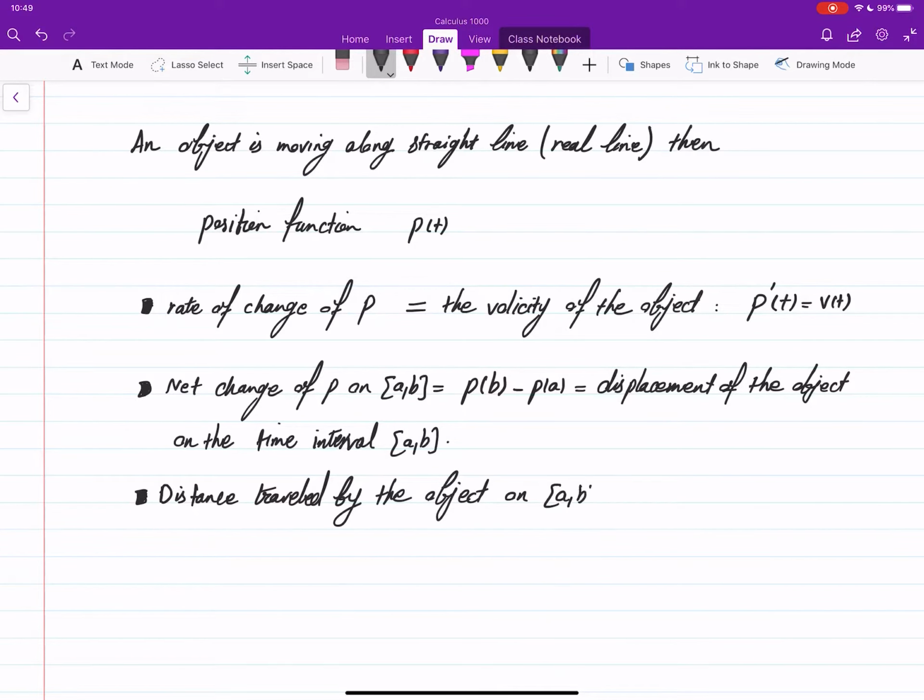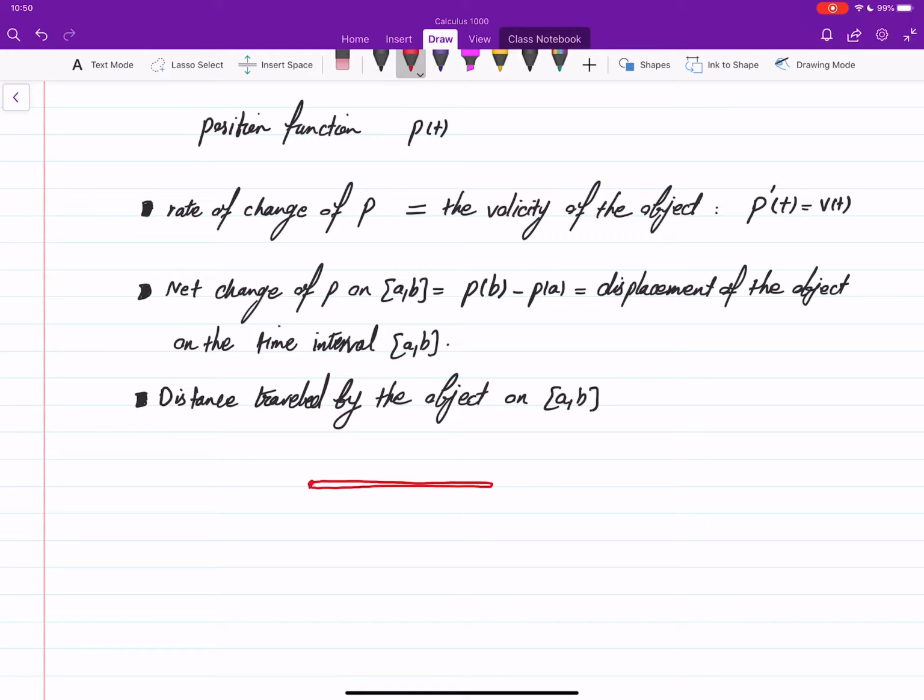You see, if an object starts from this point, goes along, and then comes back on the same line and stops here, for such an object, the displacement is 0, because when you look at the end point and where it started, it's the same point, there's no displacement.